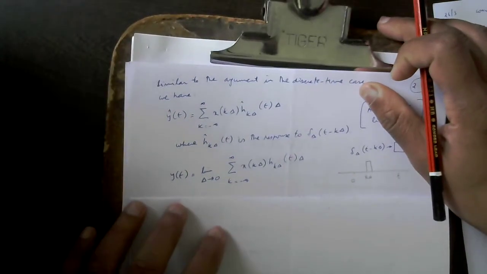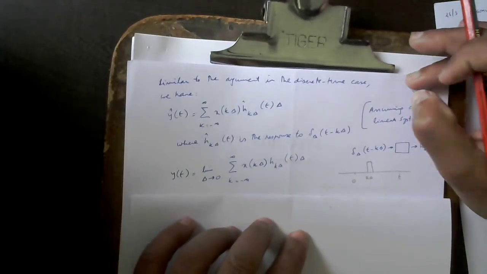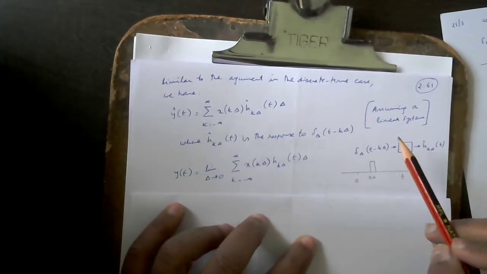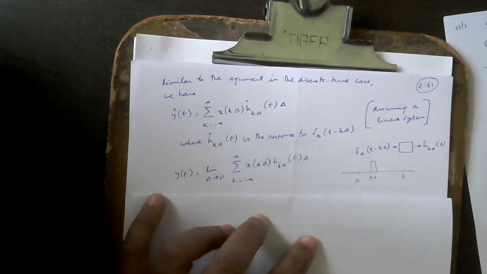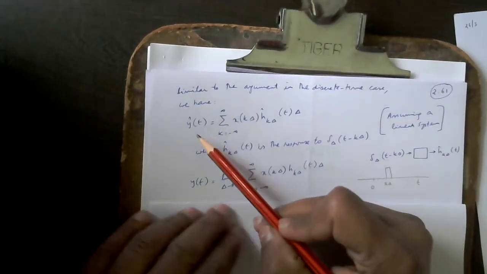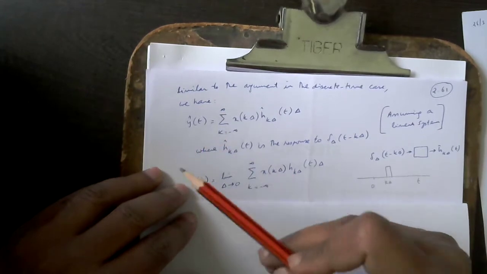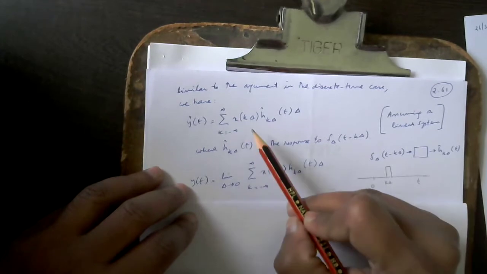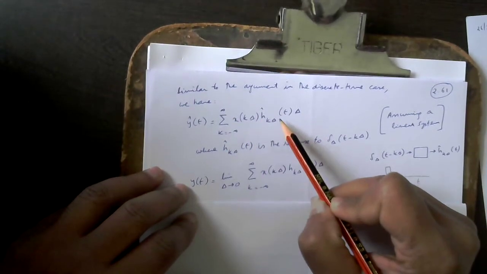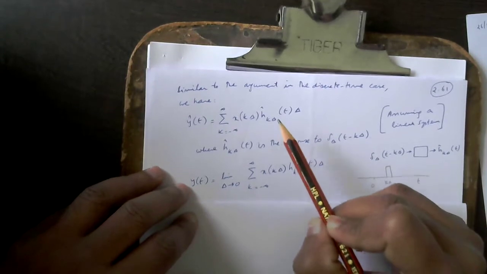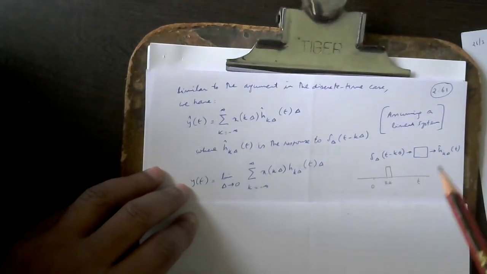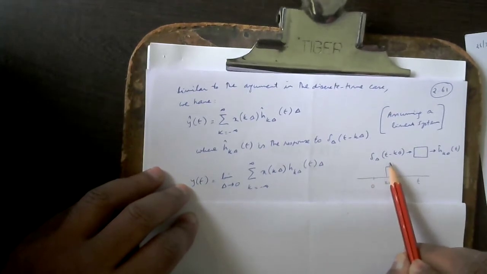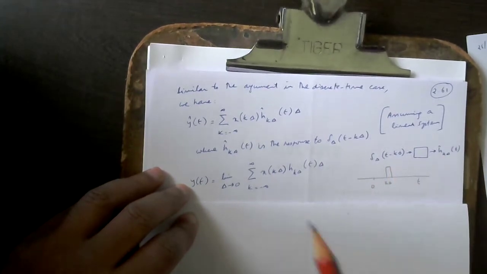So essentially now, if you want to develop the output for some arbitrary input, again by using the property of linearity and applying the superposition property, the output y of t we will approximate as y hat of t, where y hat of t is nothing but the scaled outputs, because the system is assumed to be linear, and this shifted delta delta is giving me h hat of k delta of t.